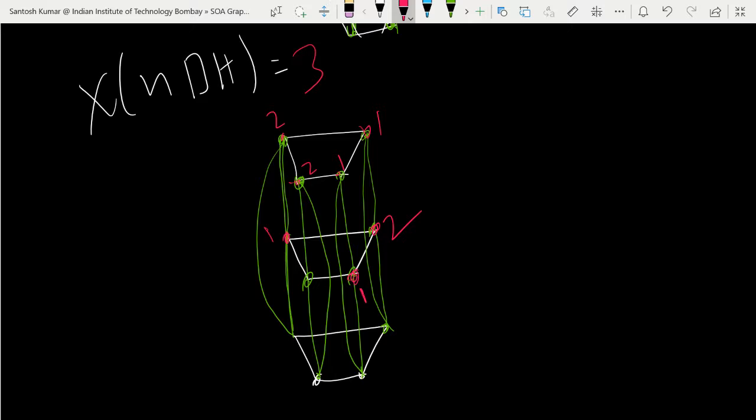No, 1 will make trouble with the upper one. So you have to change here, right? I have done something wrong. See here. So 1 2 1 2, right? This is fine now. Adjacent vertices will have different colors, we make sure. So 1 2 1 2, is it fine now?